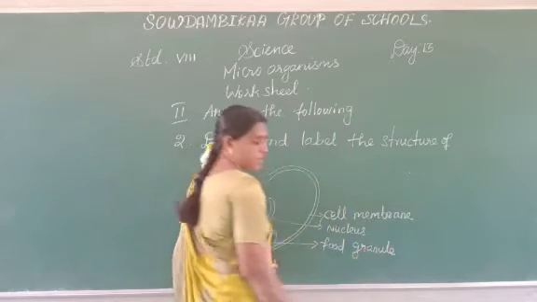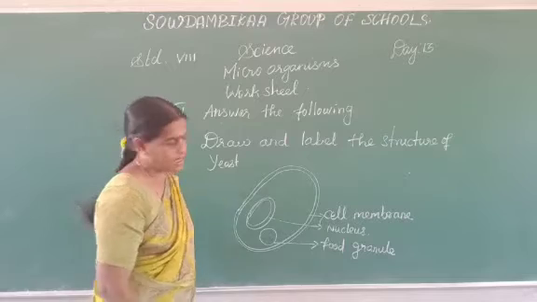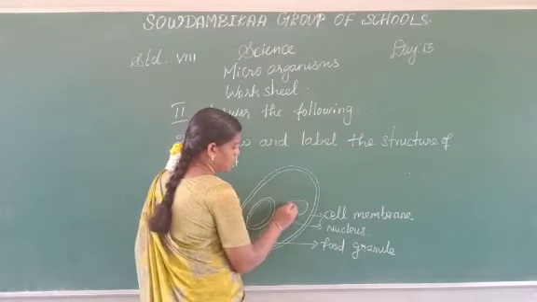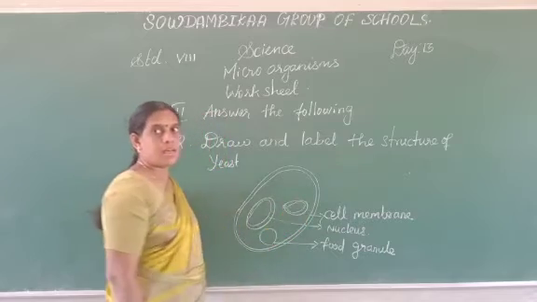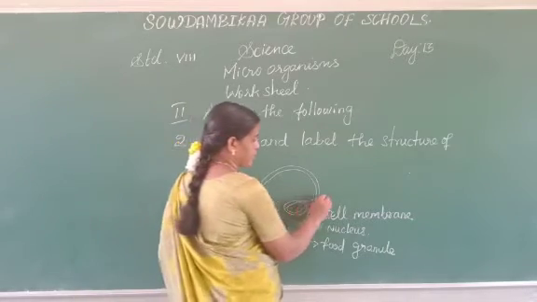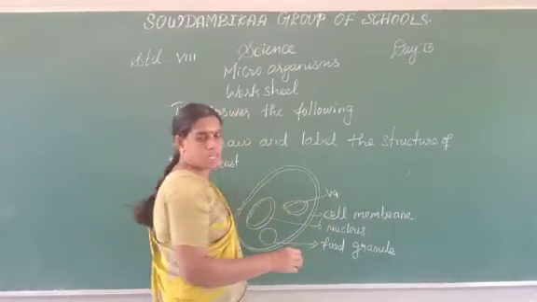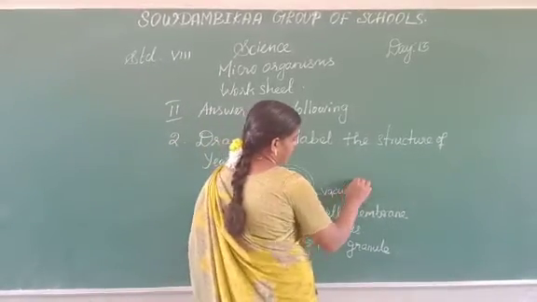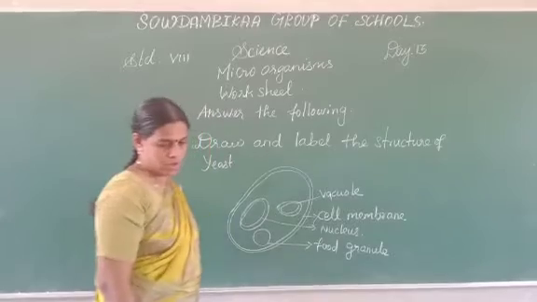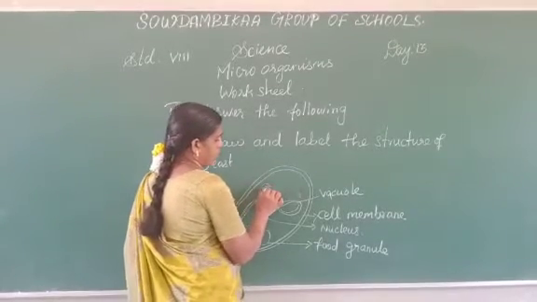G-R-A-N-U-L-E, granule. Okay, and the next one is the vacuole. V-A-C-U-O-L-E, vacuole. Okay, these are the parts, and then you draw this.